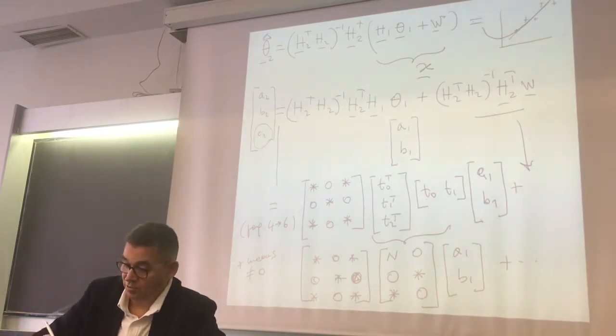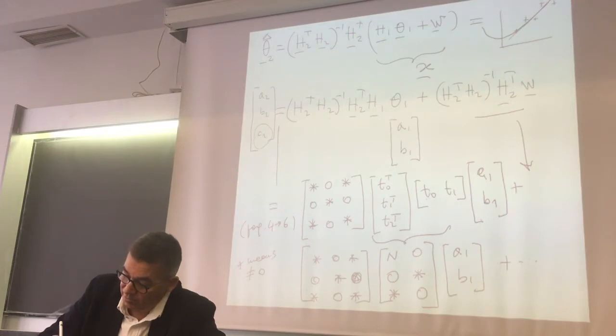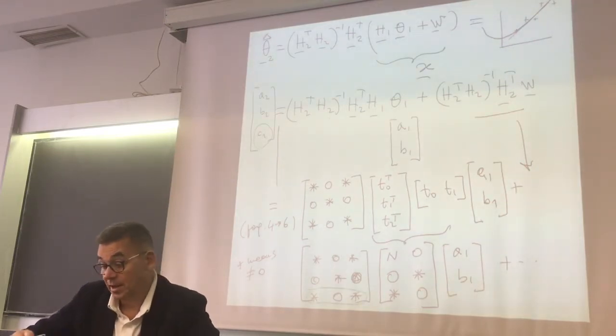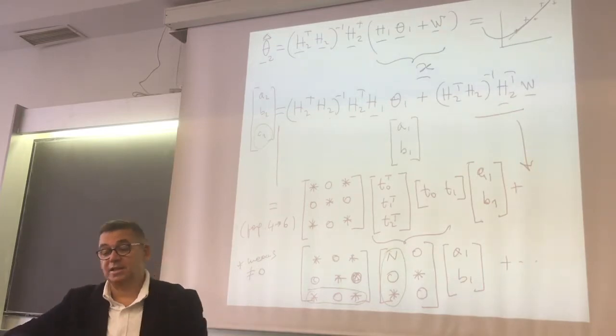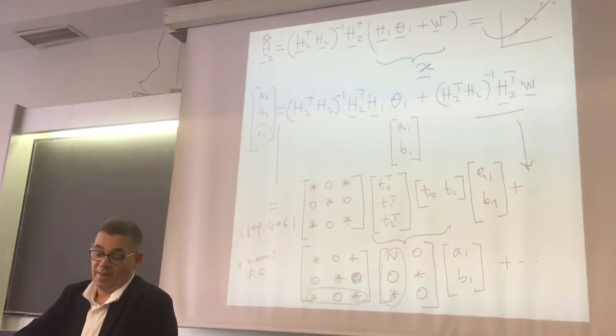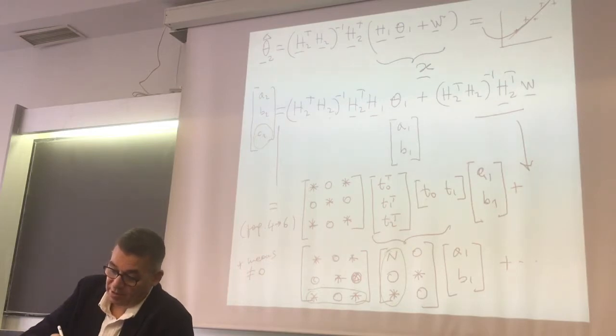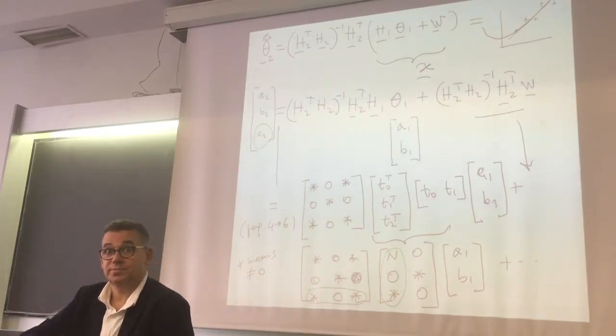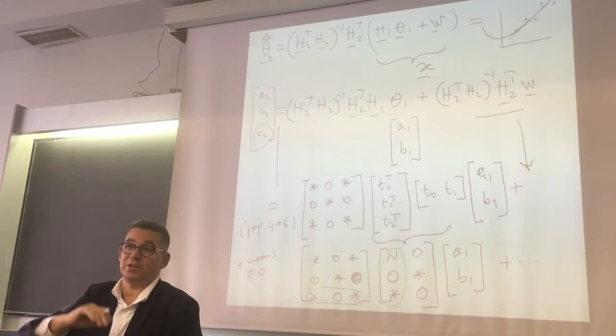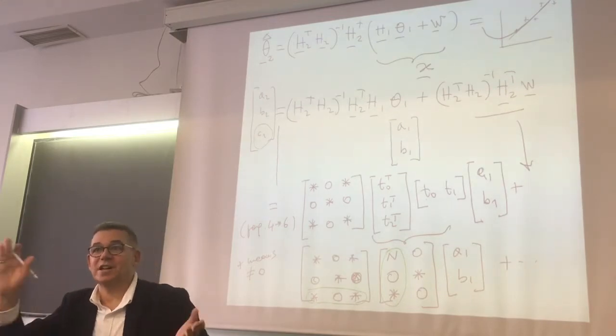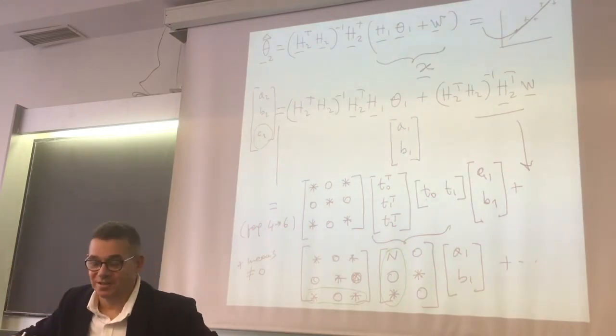So to look at C2, I need to multiply that one by that. The first matrix is not to the minus 1, I assume I already computed the inverse. I put a star for this reason, because I didn't do the inverse.